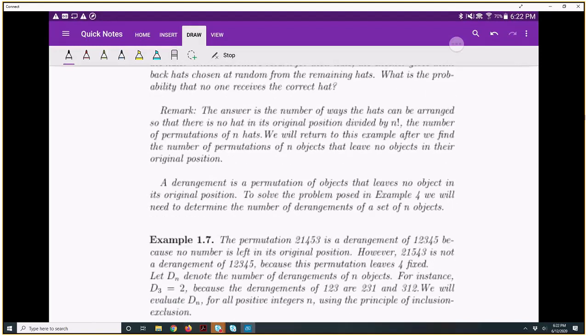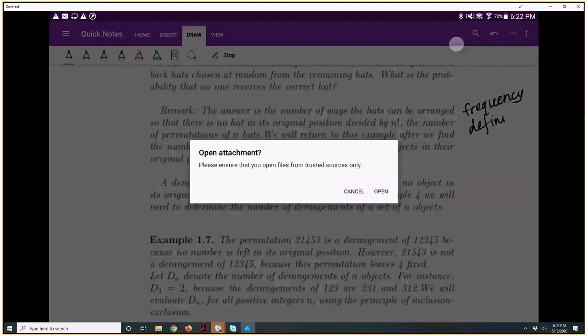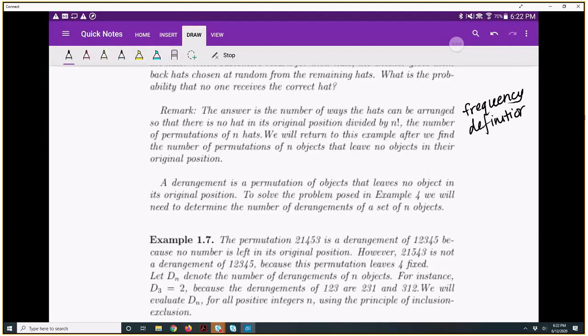So probability is going to be, in this case, the number of ways that the hats can be arranged so that no hat is in its original position, so the number of derangements, divided by the number of possible permutations, which is n factorial. So this is just the frequency definition of probability. Let me write that down here. Frequency definition of probability.